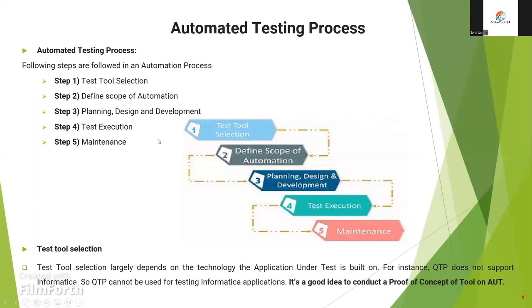In the same way, you have an automation testing process, like for manual, right? These are the steps that will be followed for the automation process. First is test tool selection, right? Before you create your script, you need to select your tools. What kind of tools will you be using for your automation?